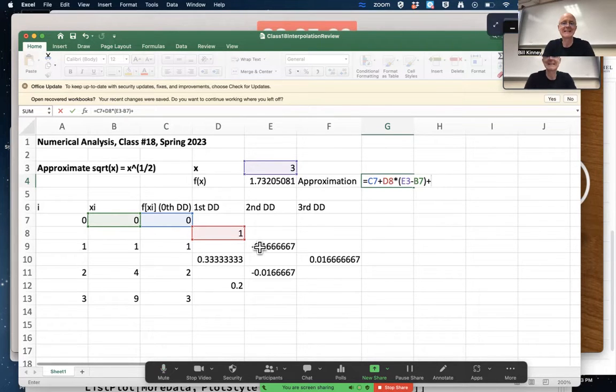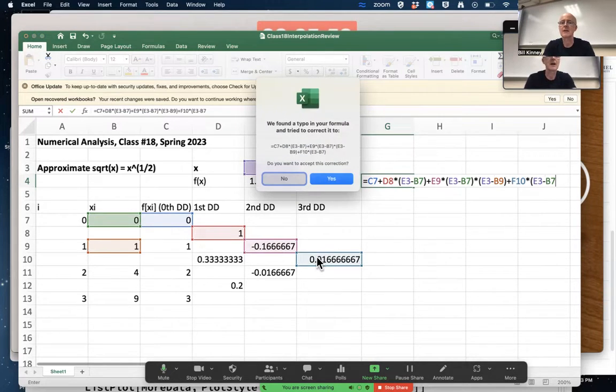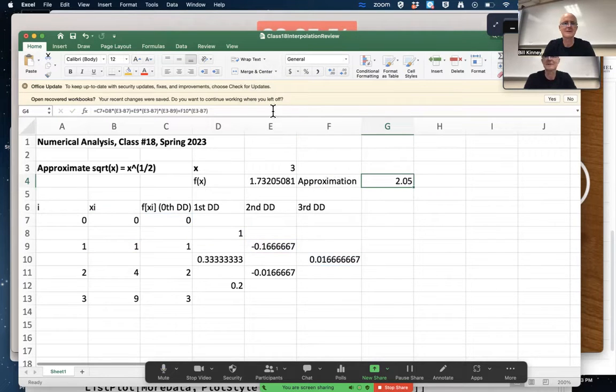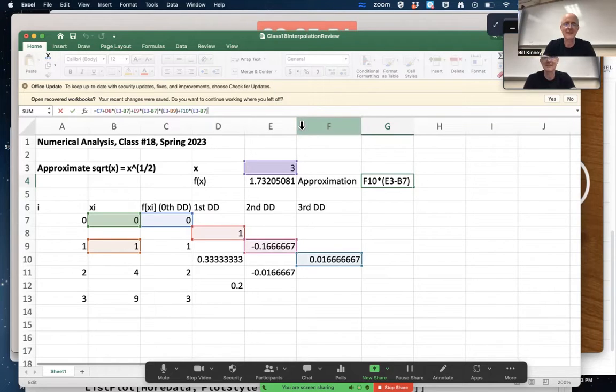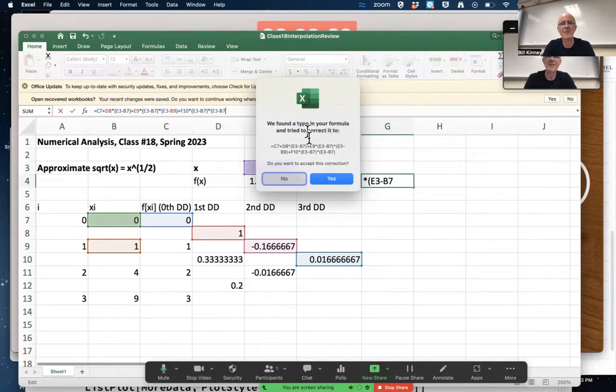Plus this times x minus x0 times x minus x1, plus that times x minus x0 times x minus x1. Sorry, you can't see it so well.